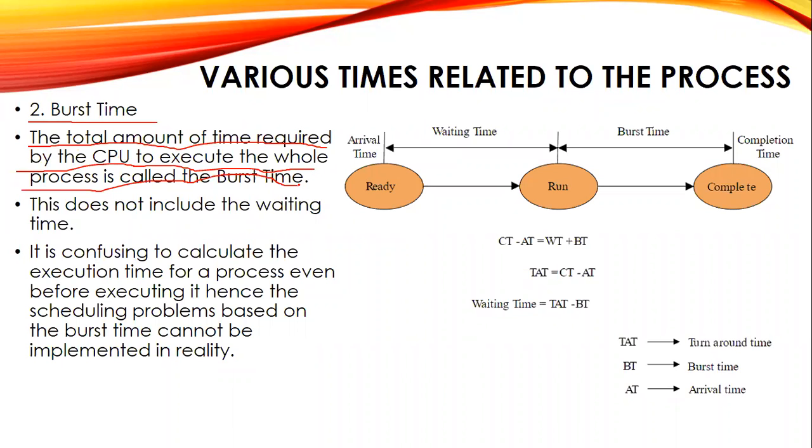So how much time does the CPU need to execute that process? 5 nanoseconds, 10 nanoseconds. It is called burst time, okay? And burst time does not include the waiting time. What is waiting time? A process may wait for a while until the CPU takes it.